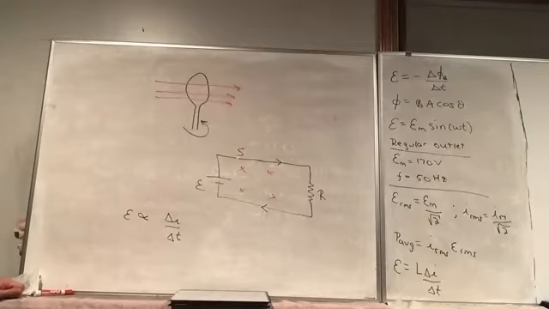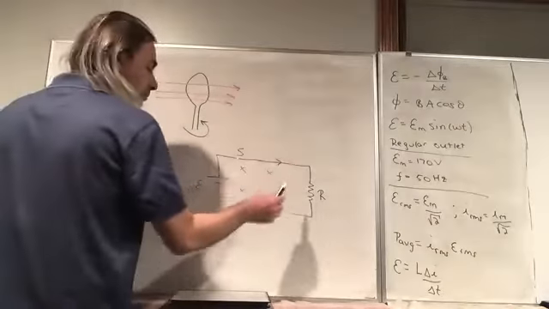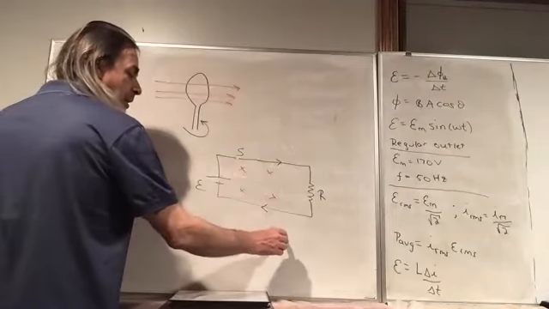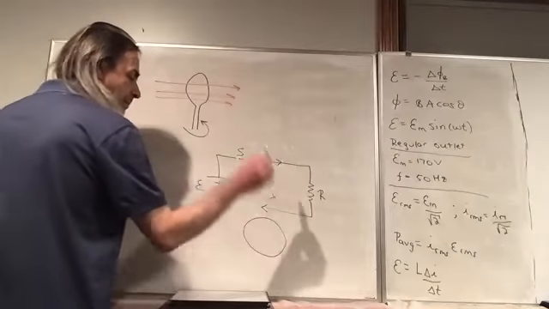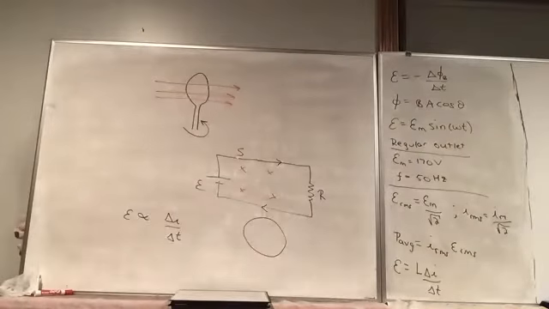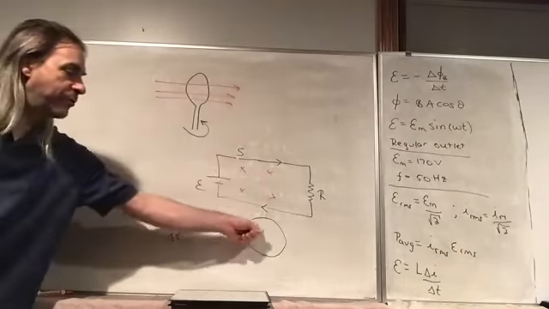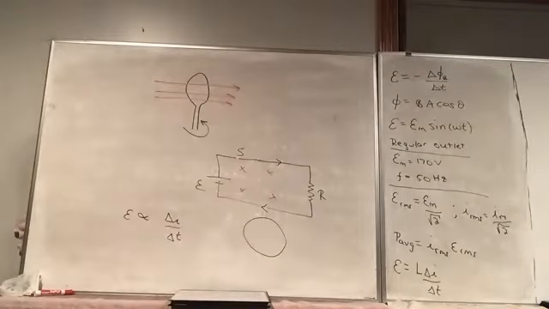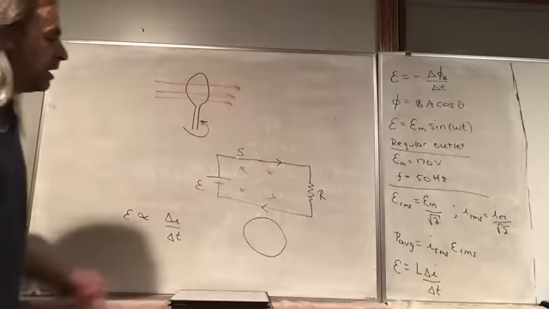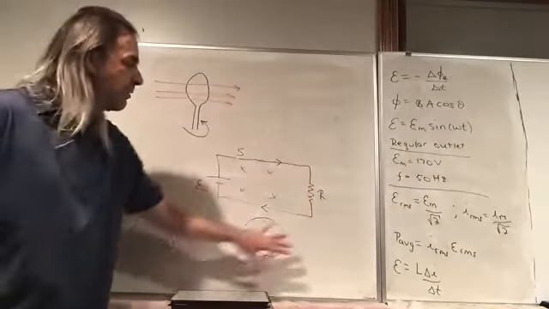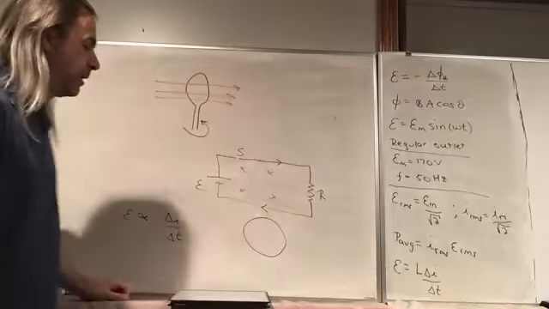Now, say we put another conducting loop nearby. If we flip the switch, we can actually see a current in that loop that's not connected to the power supply at all. Because these magnetic field lines also exist outside of the circuit.